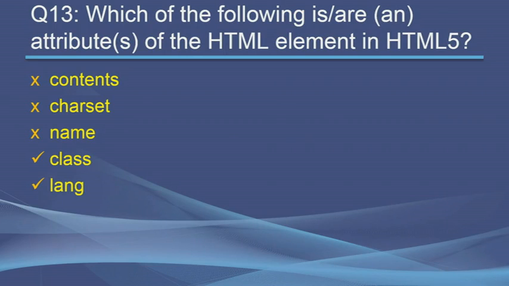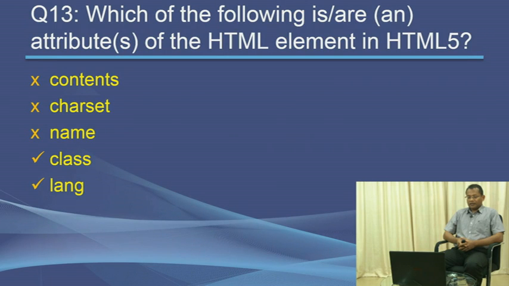Let's move on to question 13. Which of the following is an attribute of an HTML element in HTML5? So you have the HTML element. Contents is not an attribute of HTML, it's actually a meta tag.